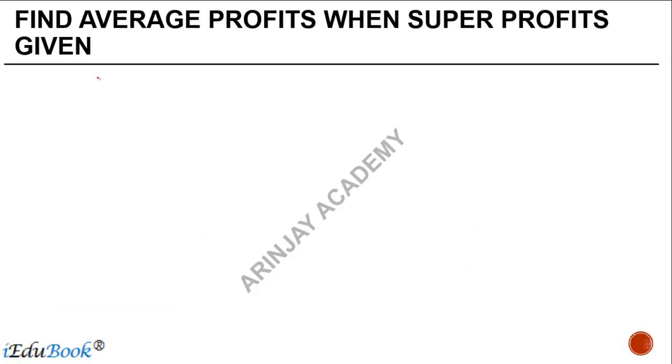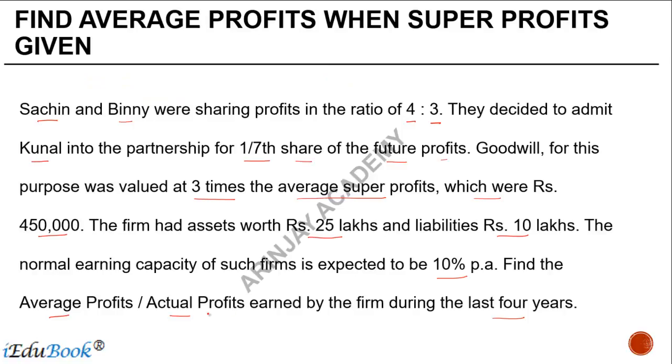Now, before starting, I have to tell you the average profits include the normal profit and the super profit. What you have been asked is that you have to find out the average profits earned by the firm during the last 4 years.